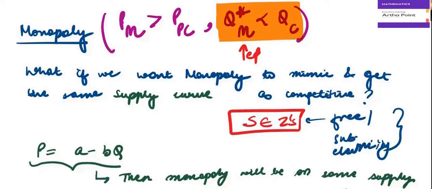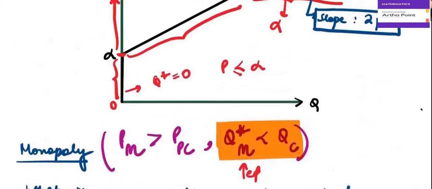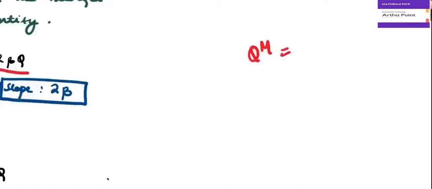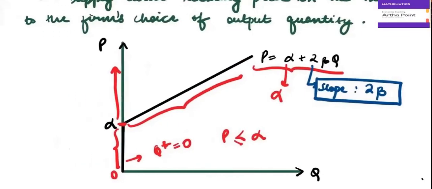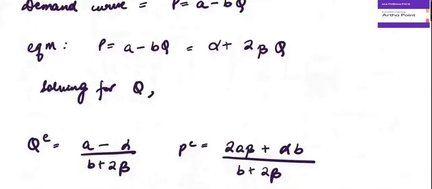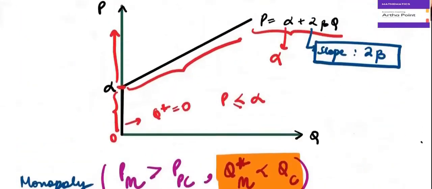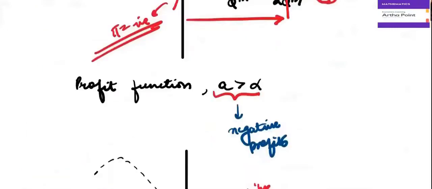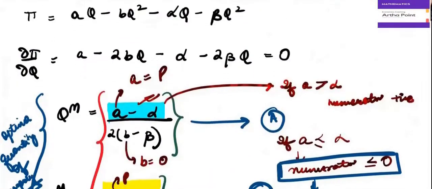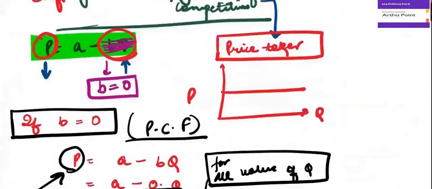Now, from our analysis, let's go back and check what the monopoly's equilibrium quantity was. I think it was A minus alpha upon B plus beta, something like that. Let's quickly see this. It was coming as A minus alpha upon 2B minus beta.